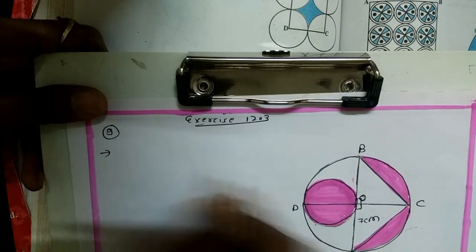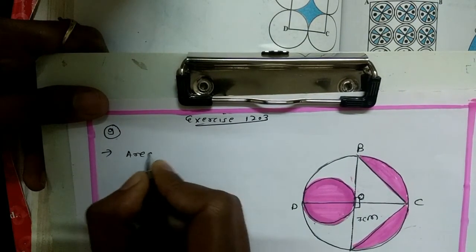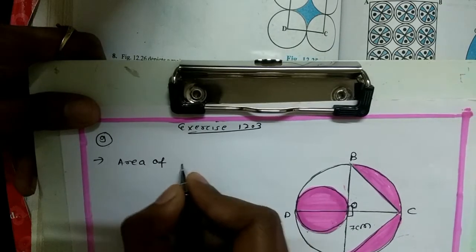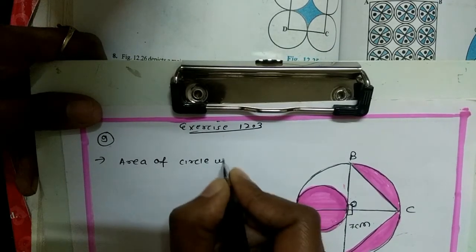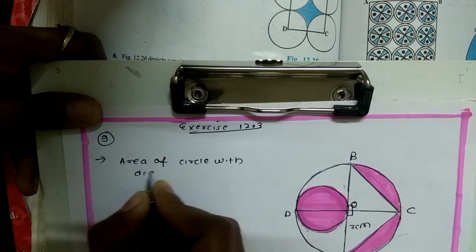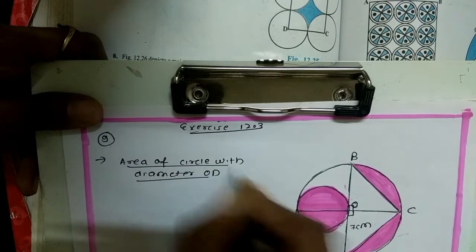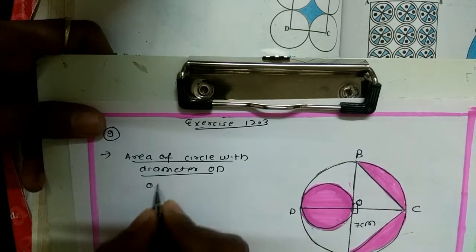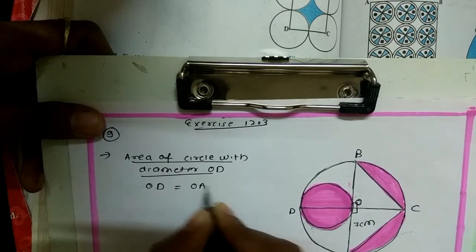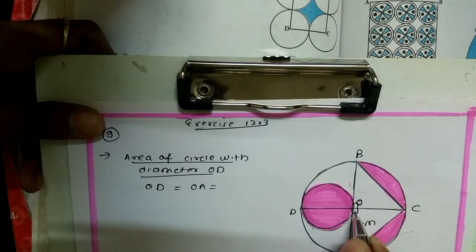So first we'll find the area of the circle with diameter OD. For this, OD equals OE, because that is the radius, isn't it?